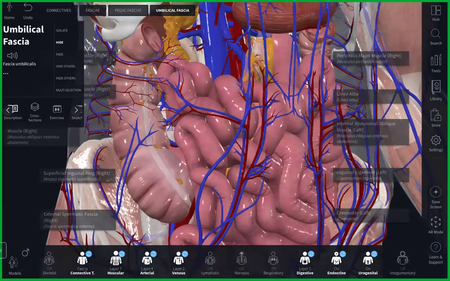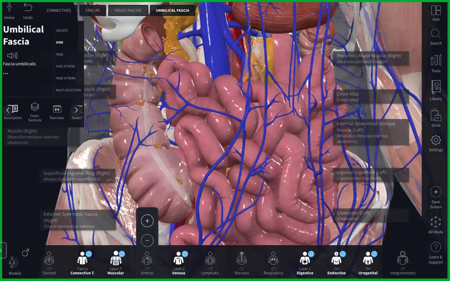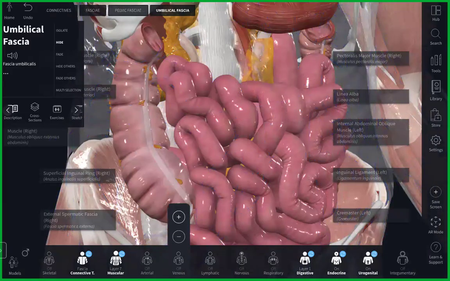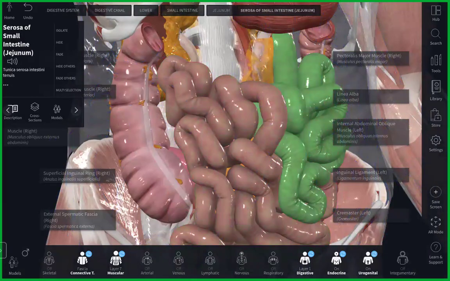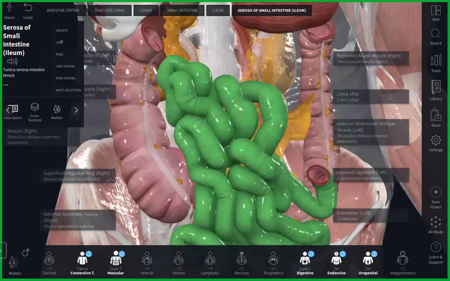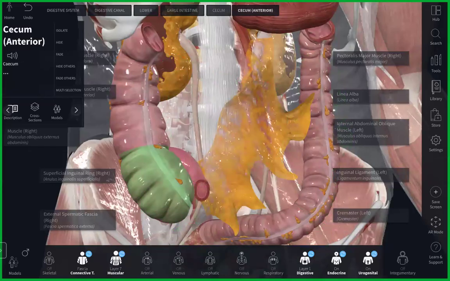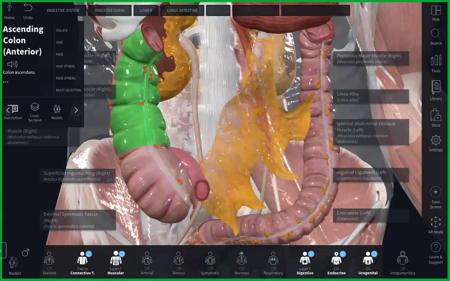Let me hide it. Let me hide the arteries. Hide the veins. Okay. So not important, just see jejunum. Then we have ileum. Then we have cecum. Then we have ascending colon. We all know.